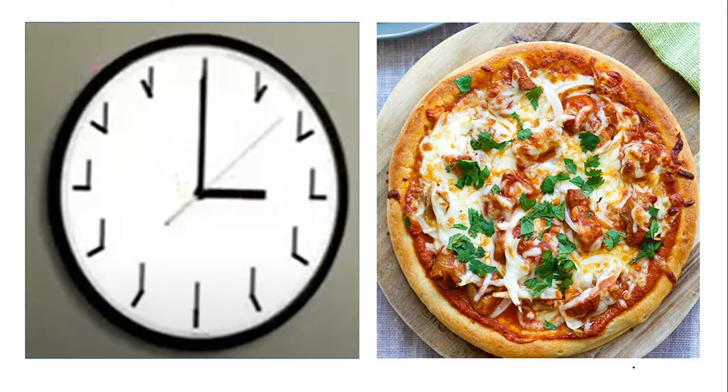Now in front of you, two images are there. You have to locate the complementary angles that you can see in these figures. So let's go one by one. In first, you can see it is 3 o'clock. Now we have to locate. We can see there is one line, and this is the hour hand and this is the minute hand.